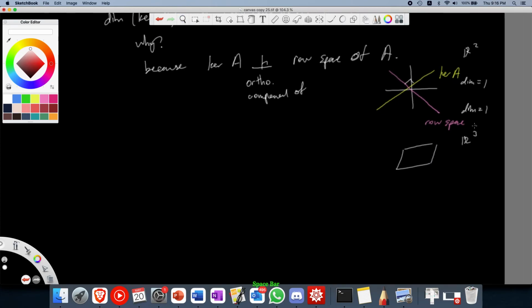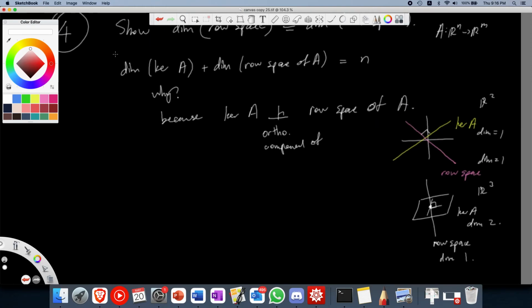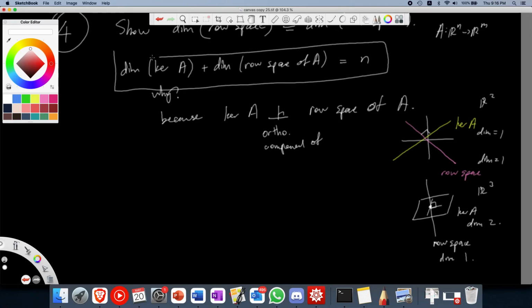Whereas if you have a domain in R3 and your kernel of A has dimension 2, then the orthogonal complement would just be a line, and the row space will have a dimension of 1, so they add up to 3. So with this, I hope that I've illustrated this fact clearly.